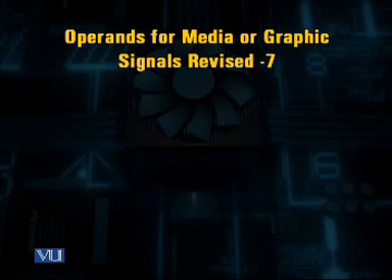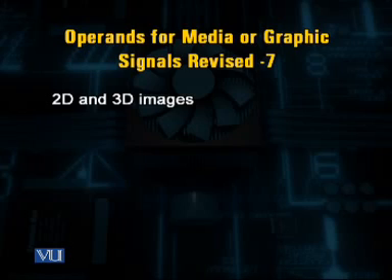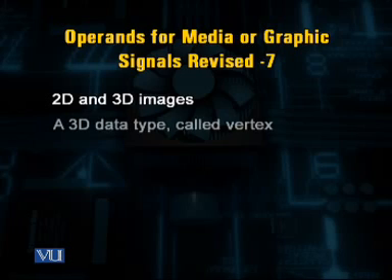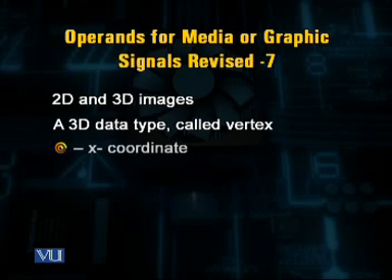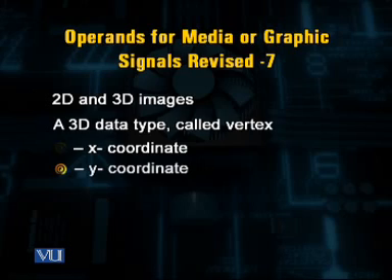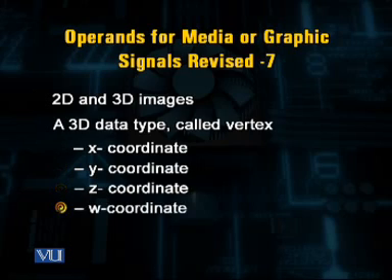The media applications deal with 2-dimensional and 3-dimensional images, where a 3-dimensional data type can be defined with the help of 4 basic components. These components are usually denoted as the x-coordinate, the y-coordinate, z-coordinate, and w-coordinate.